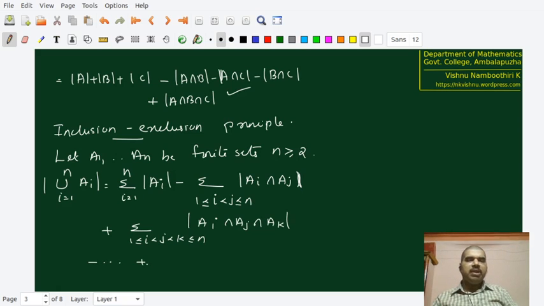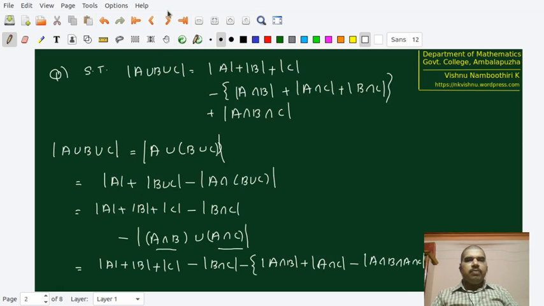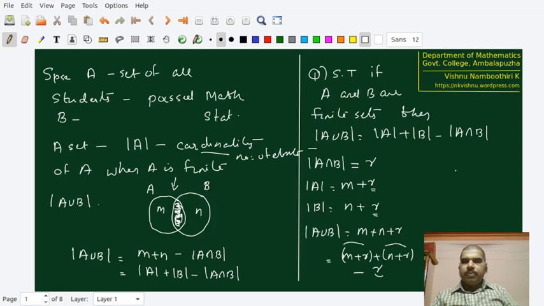And what we'll be getting finally, just see that in the first step, when we have two sets, we have finally A plus B minus this. We have two sets, then we are getting minus 1 raised to 2 plus 1.